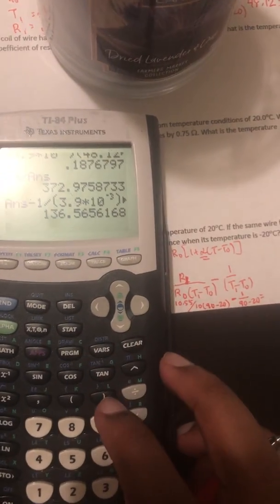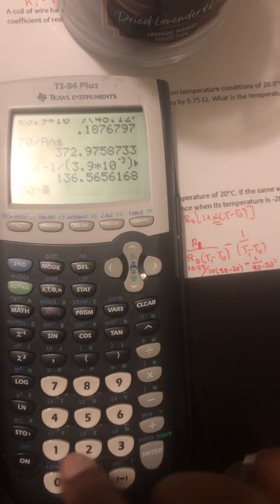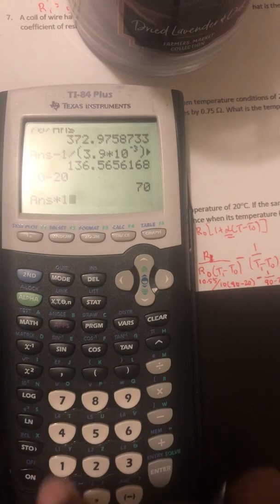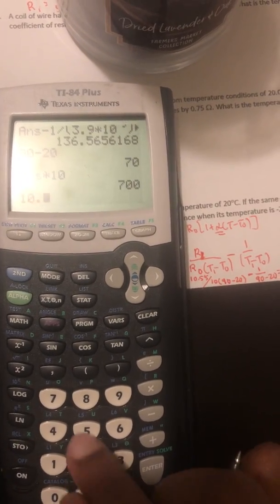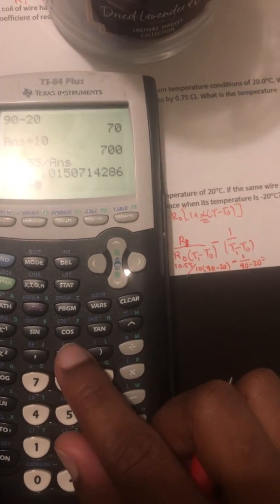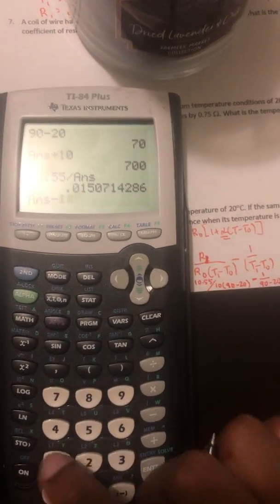Let me do 90 minus 20 times 10. 10.55 divided by that answer. Then we do minus, what's 90 minus 20? 70. Minus 1/70th.